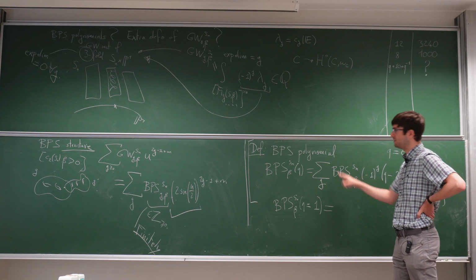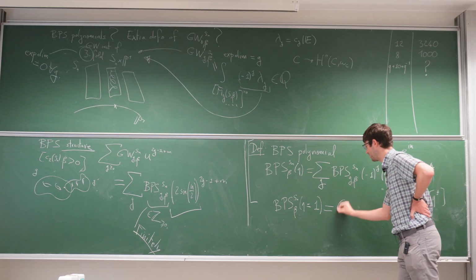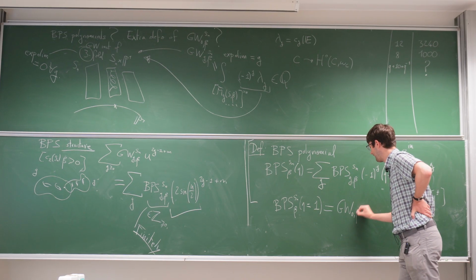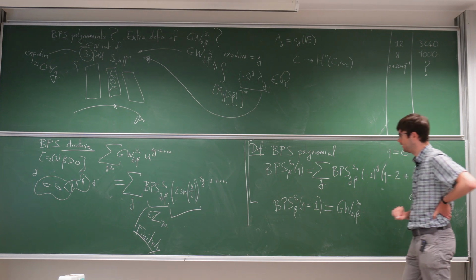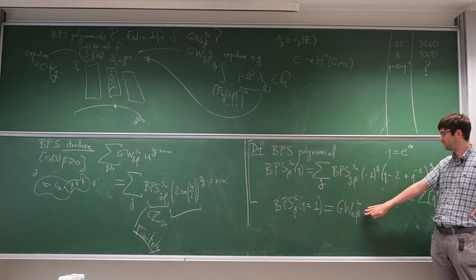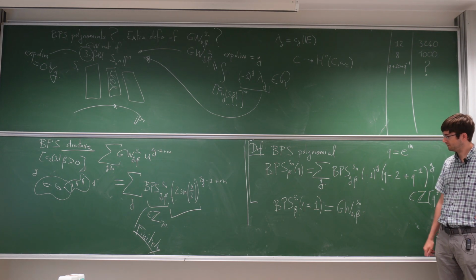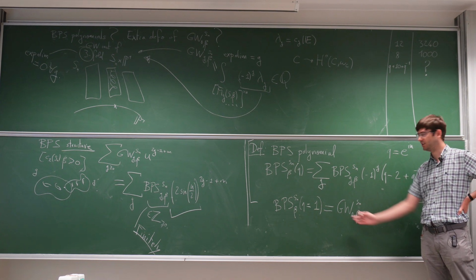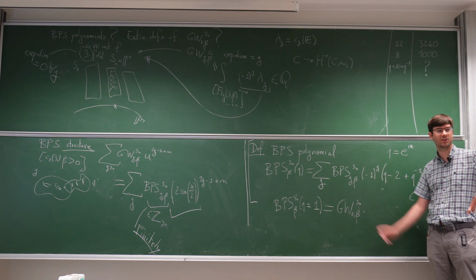And in genus 0, the BPS number just recovers the Gromov-Witten number. So this BPS polynomial, coming from the Gromov-Witten theory of the threefold S times P1, provides a natural way to refine these very classical enumerative counts of rational curves in rational surfaces.